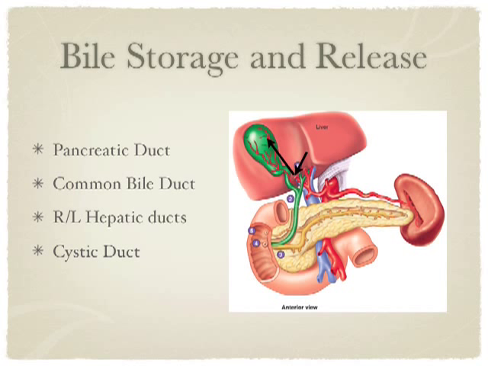And by the way, the liver is turned up so that you can see underneath it, because the gallbladder is underneath the liver. But the hepatic ducts and then the cystic duct lead the bile up into the gallbladder where it is stored, basically for the next major meal that comes down the tube. So when you're not digesting, this bile is being stored.